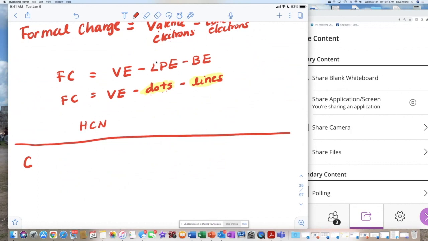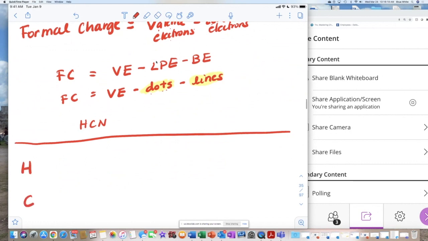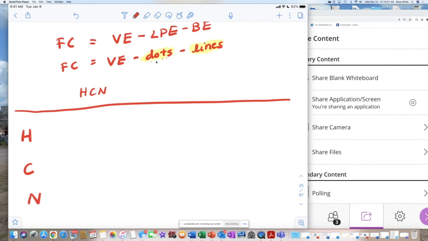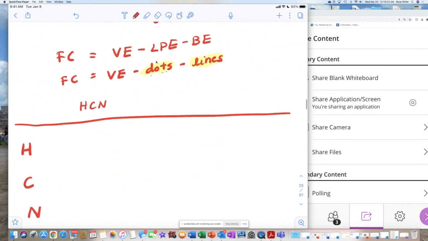I'll start with the proper form: hydrogen, then carbon, and then nitrogen. For hydrogen, I will have my valence electrons, my number of lone pair electrons, and my number of bonded electrons. Then we'll work all this out, and we'll see how this works out, okay?